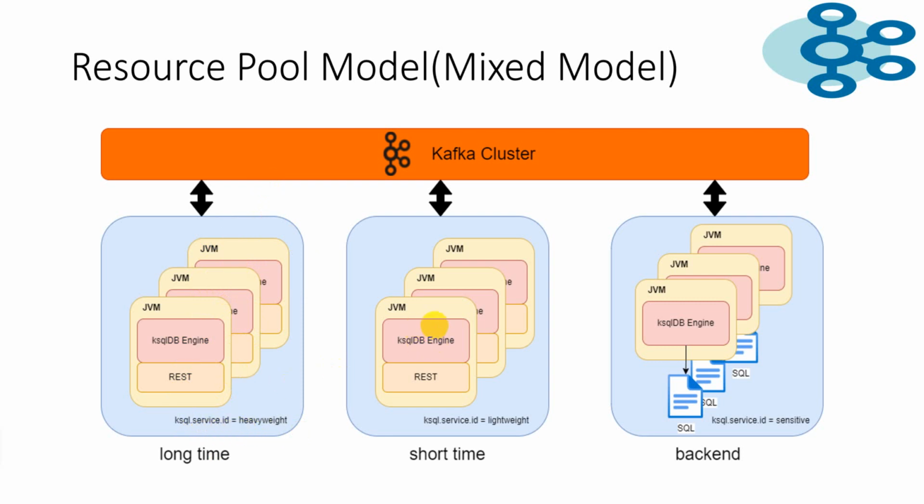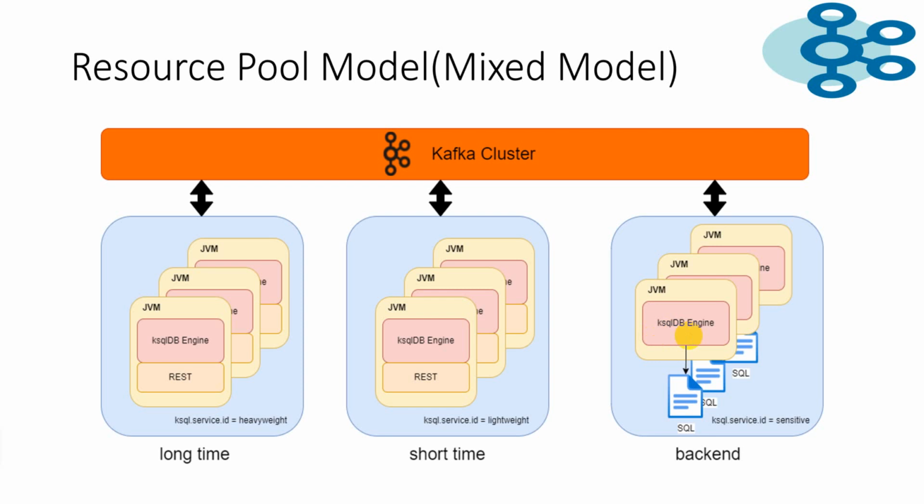If the job is for quick query purposes, we can execute it on this short-time ksqlDB cluster. We name the ksqlDB service ID as a lightweight cluster name. Some jobs process sensitive data and are not allowed to be edited or queried while the ksqlDB cluster is running.